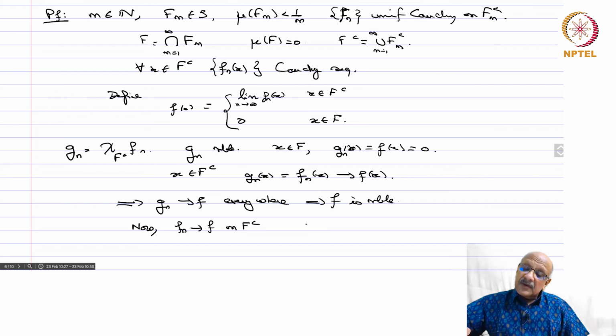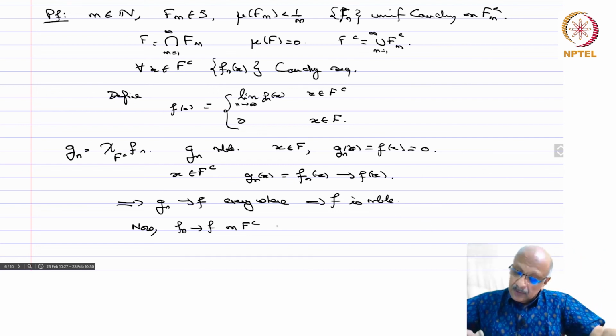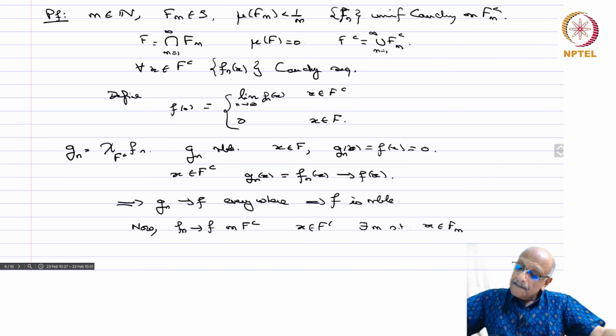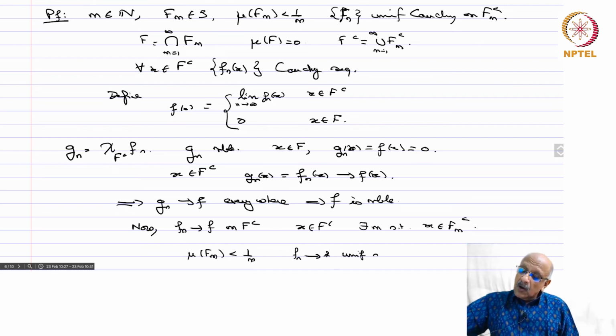It is the union of Fm complement, and therefore if x belongs to F complement, there exists an m such that x belongs to Fm complement, and mu of Fm is less than 1 by m, and fn goes to f uniformly on Fm complement.